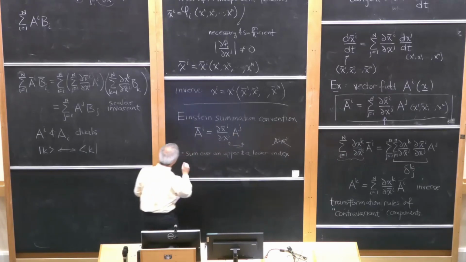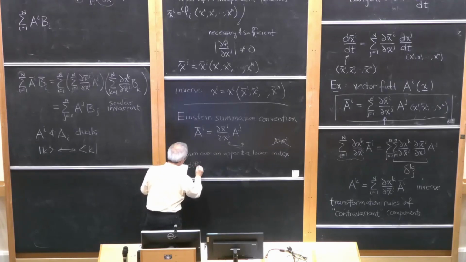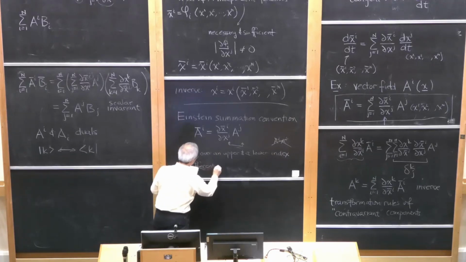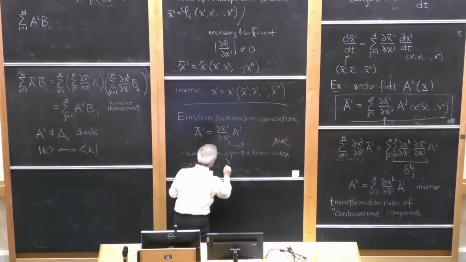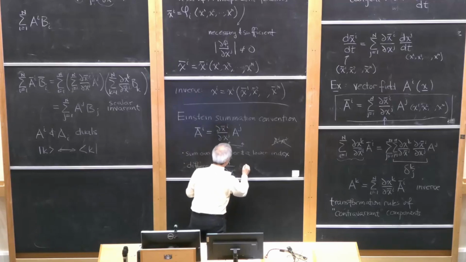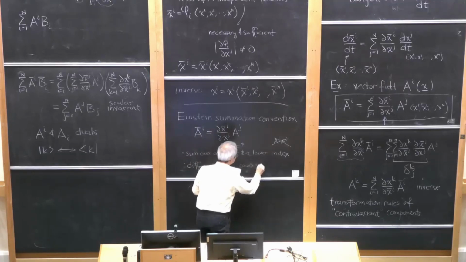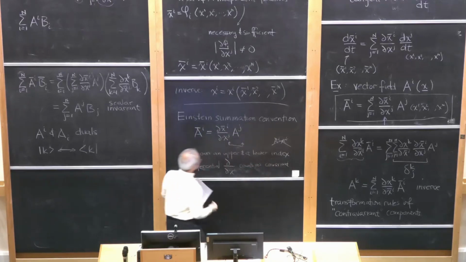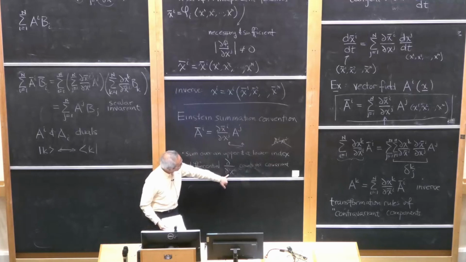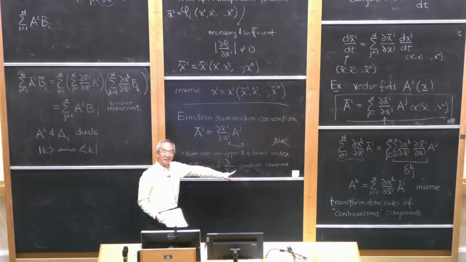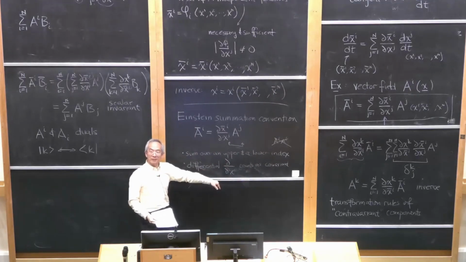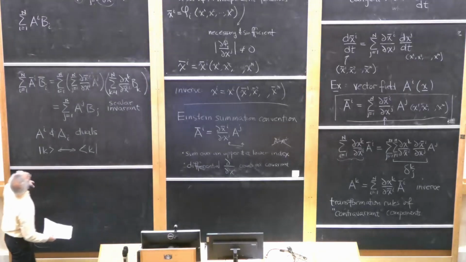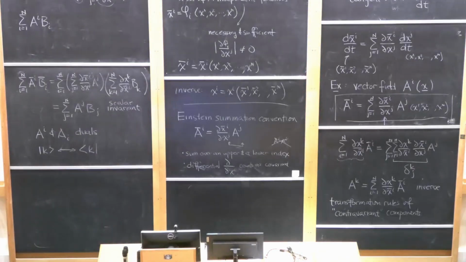I should be a little bit clearer here, though, because the differential d by dx^i actually counts as covariant. If you have the derivative with respect to x with the upper index, that is actually a lower index, which of course is what you saw before when you were considering the gradient.